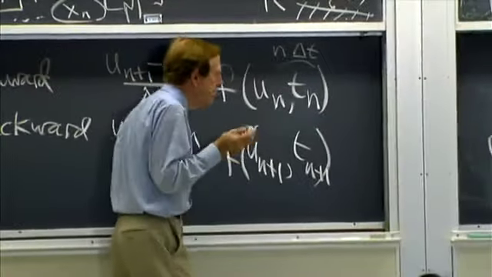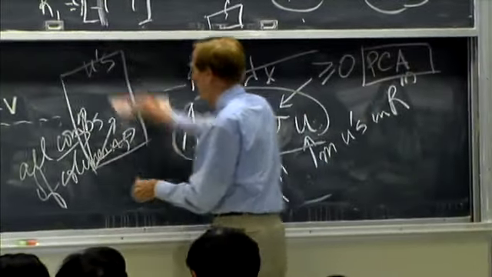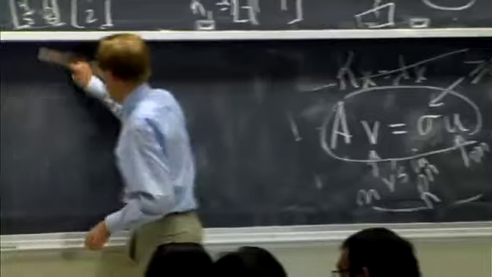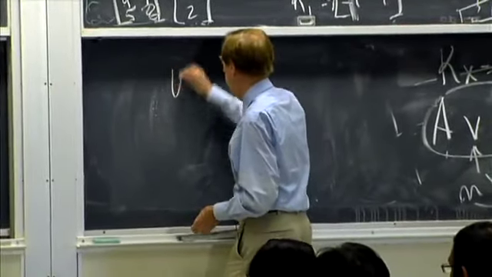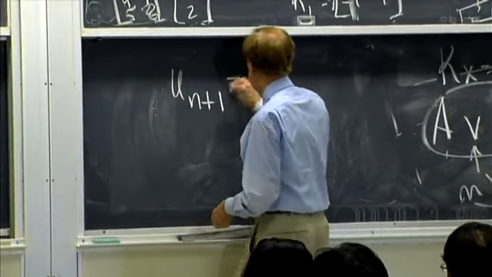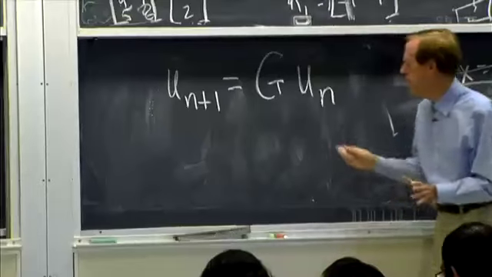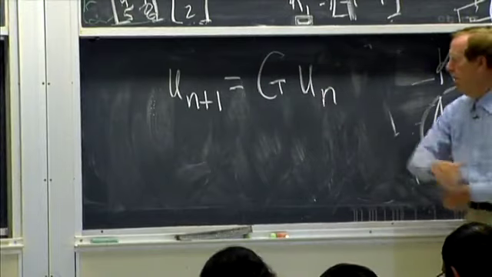Can I just put down some letters here? I won't be able to give you a complete answer, but this will do it. So u_{n+1} is some matrix times u_n. That's what I wrote down this morning for a special case.